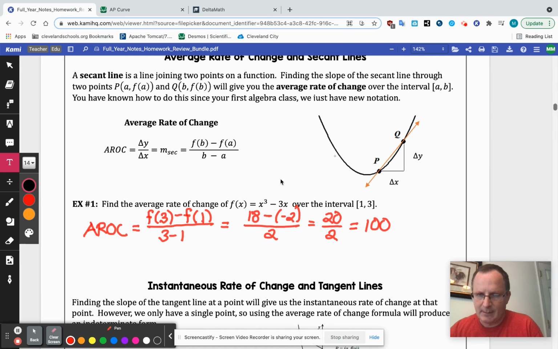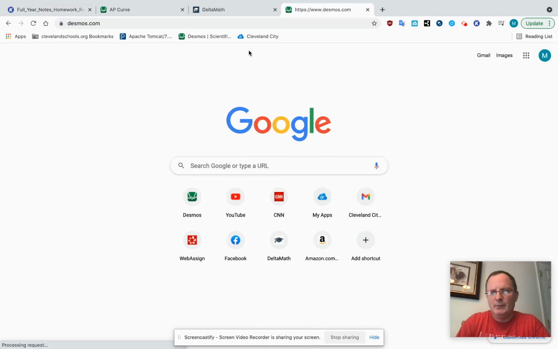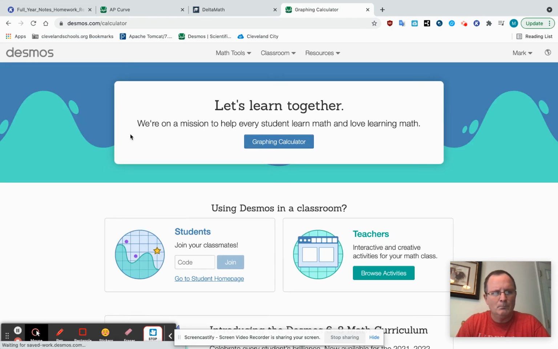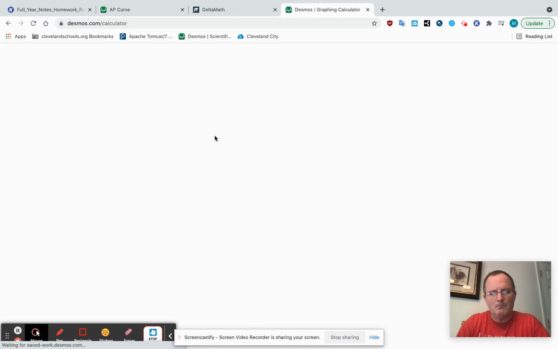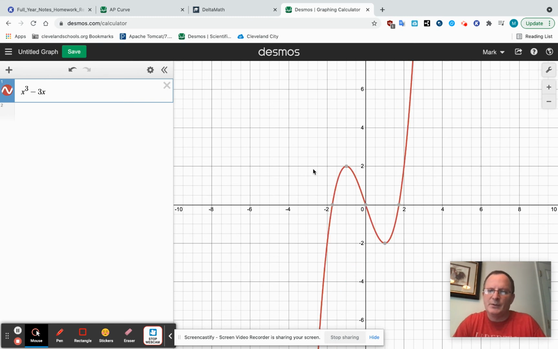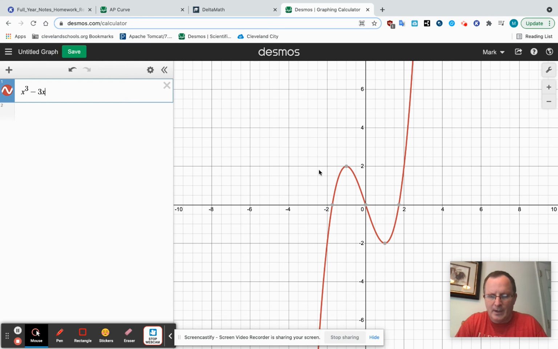I know this is not the same graph as x cubed minus 3x, but we could graph that real quick if you want to. Desmos, x cubed minus 3x. All right, so we just found the average rate of change from 1 to 3. From x equals 1, right here, to x equals 3, which is way up here.